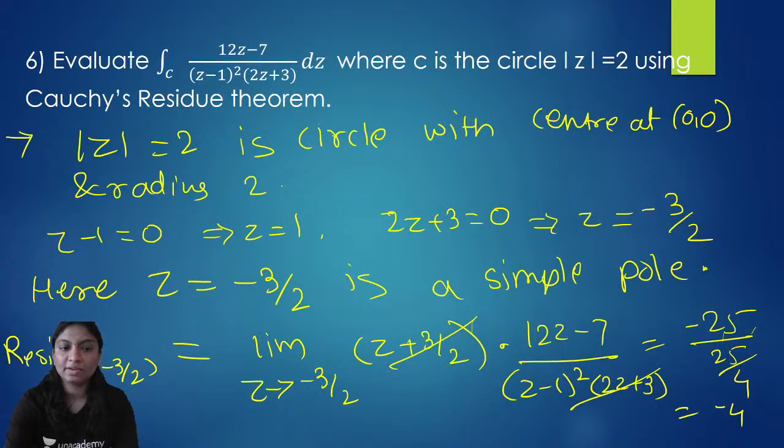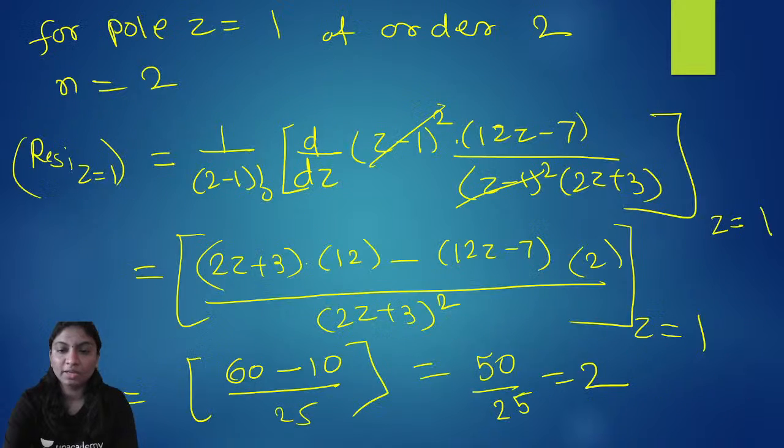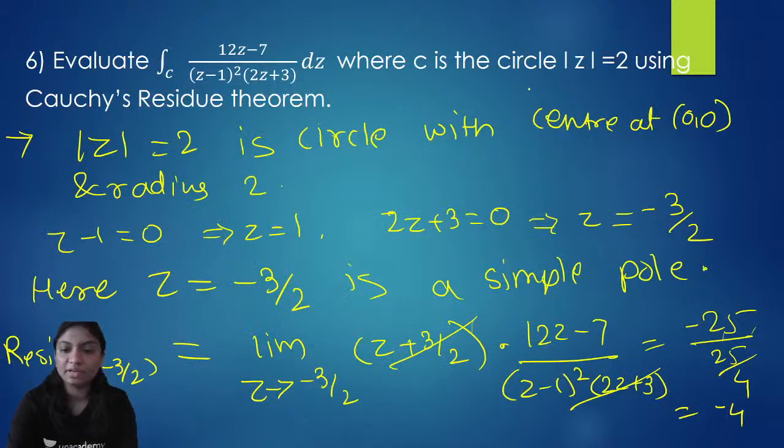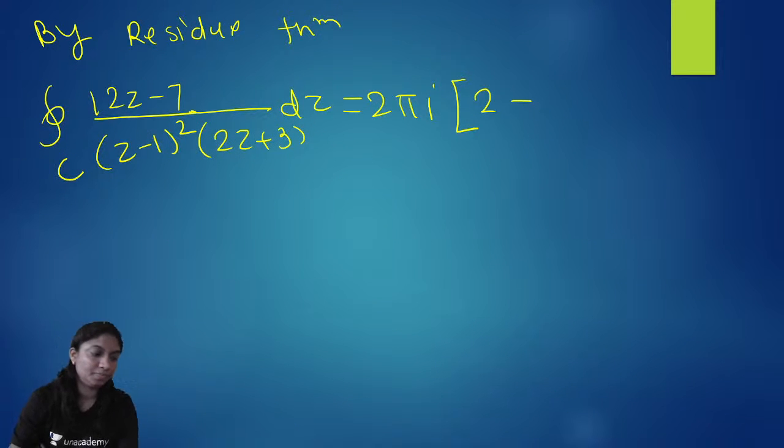So at z is equal to 1 it is 2, and at z is equal to minus 3 by 2 it is minus 4.